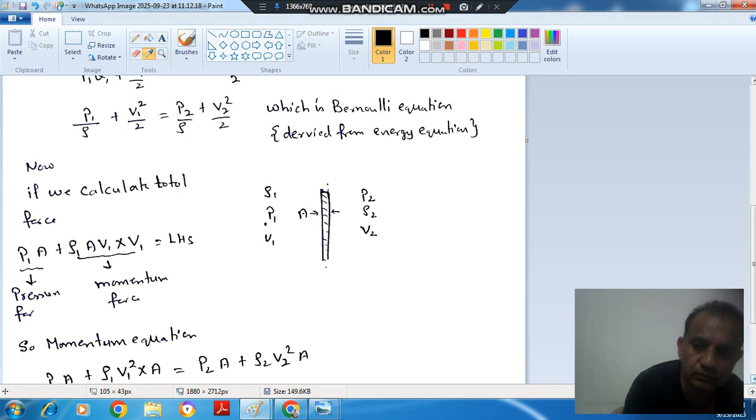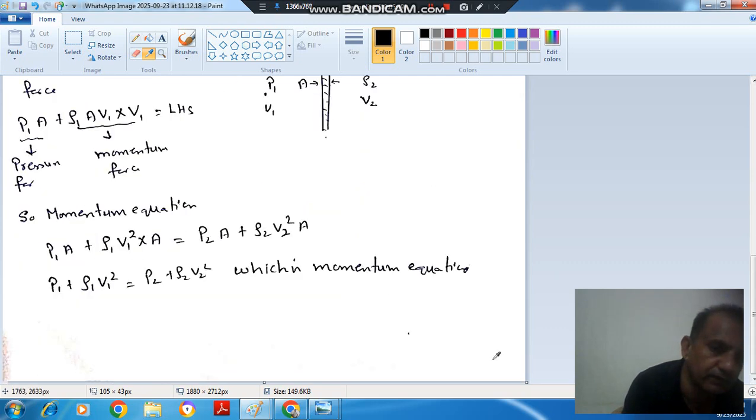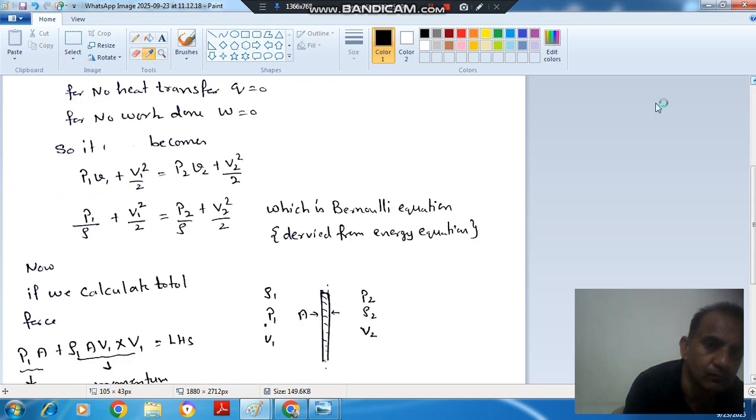Rho is constant here, whereas in the momentum equation rho1 V1 square is there, not divided by 2, and rho1 and rho2 are there. So this is the difference between Bernoulli's equation and the momentum equation.